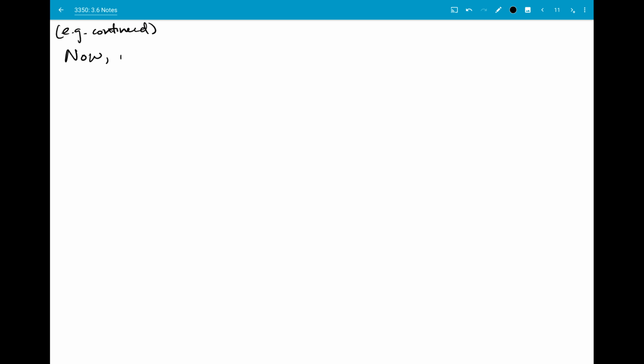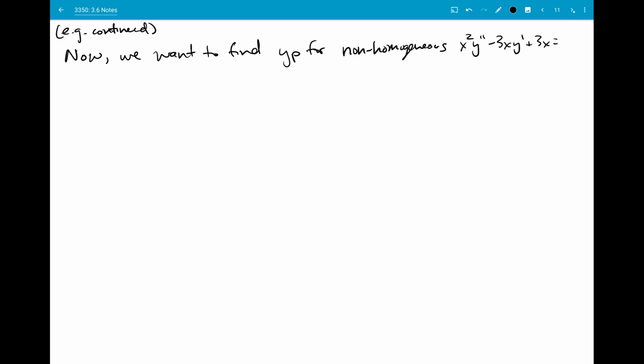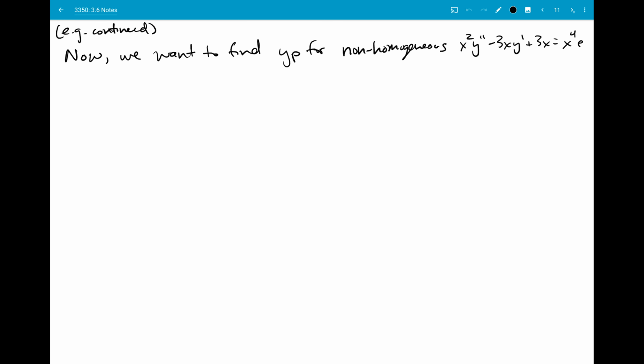So now we want to find y sub p for the non-homogeneous problem, x squared y double prime minus 3x y prime plus 3y equals 2x to the fourth e to the x. That's our next step, to find that y sub p.